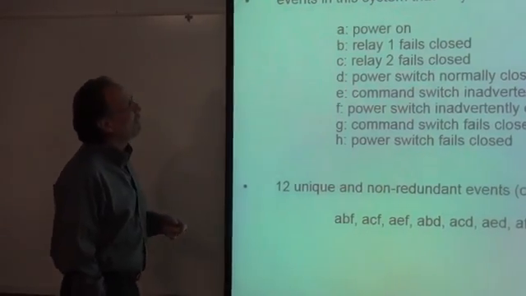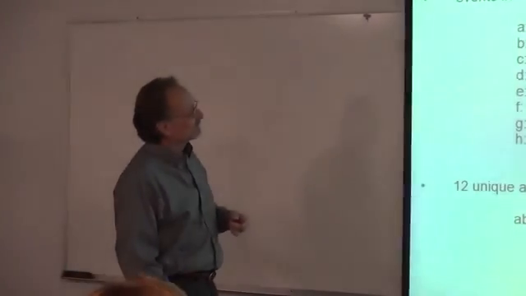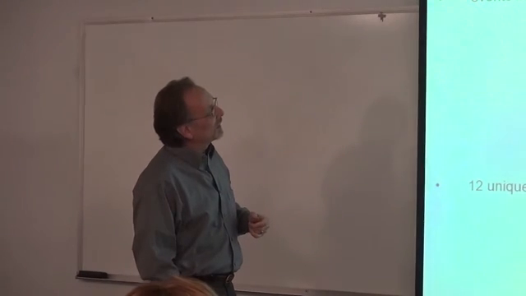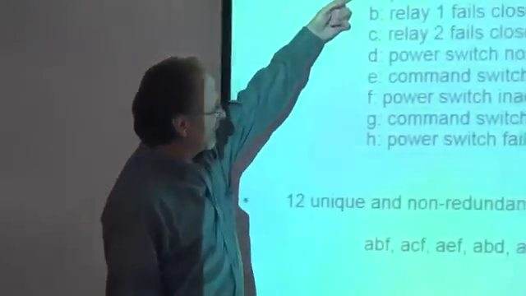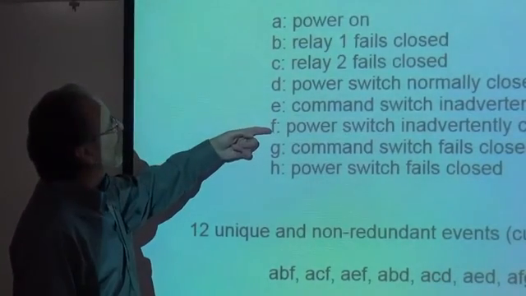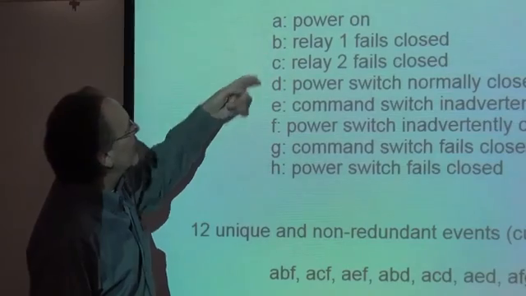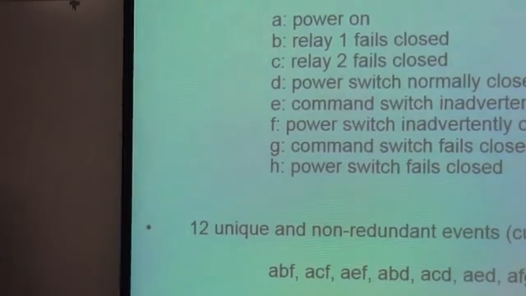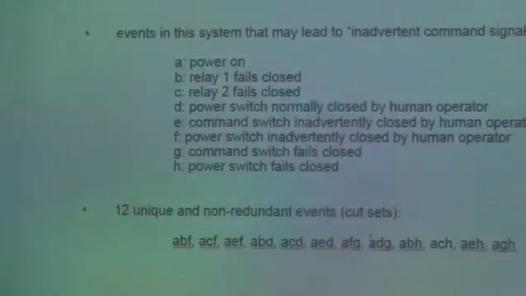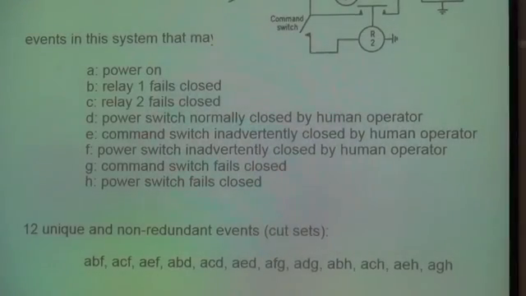Now, rather than doing this as a fault tree, what we could do is look at this as all of the sets that can happen that this fault will pass. So A, B, and F. So actually, let me do this.